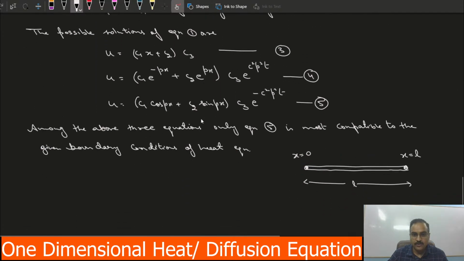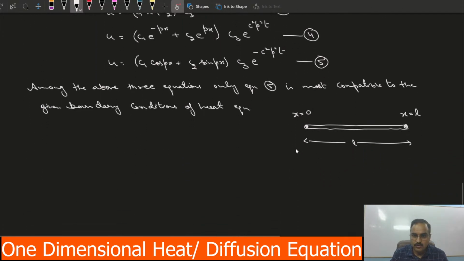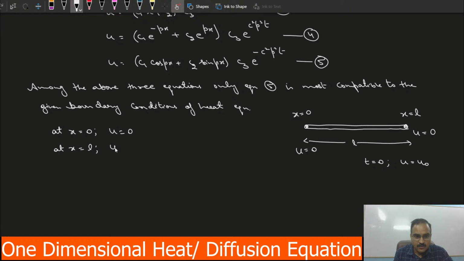So that means the boundary conditions are: at x = 0, u = 0; at x = L, u = 0; and the third condition, at t = 0, u = u0, that is the initial temperature.